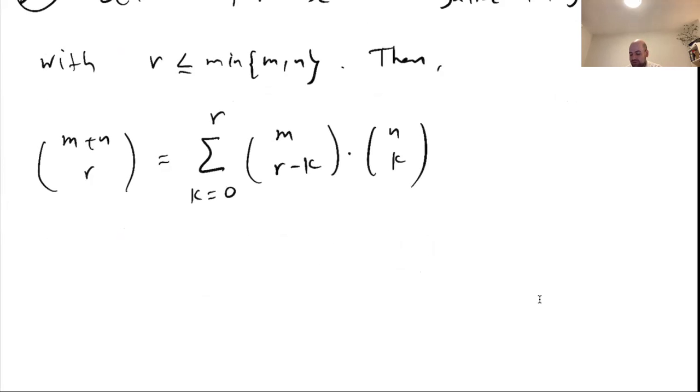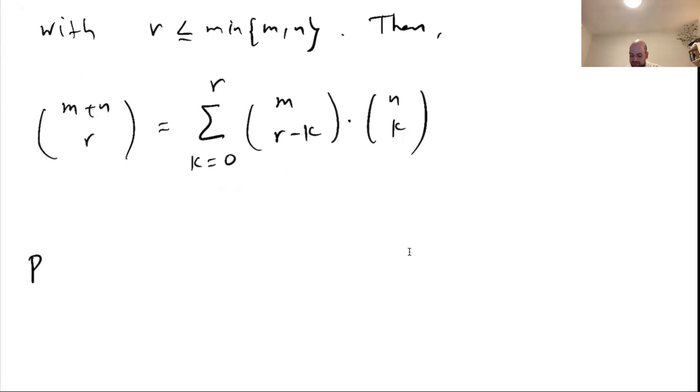But for this one, if you want to do the algebraic proof, you have to expand the right-hand side, and then you have one expression with m factorial over some denominator times this, and you have to add all of those together and get a common denominator. So it's going to be a little bit lengthy and messy and hard to handle, right? But with a combinatorial proof, we can easily prove this property.